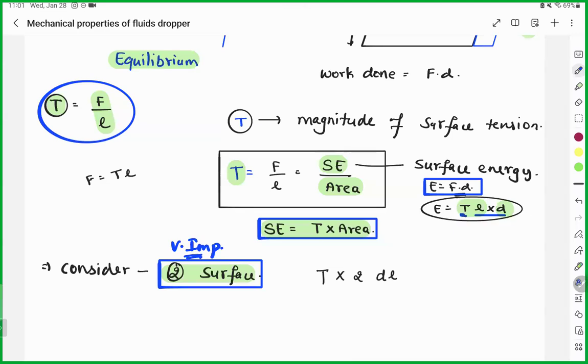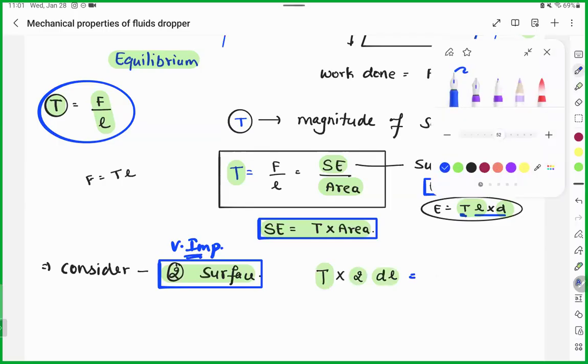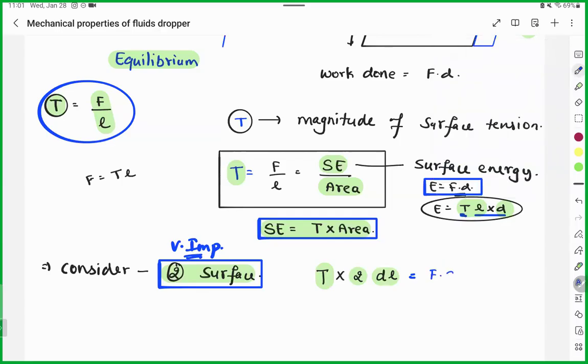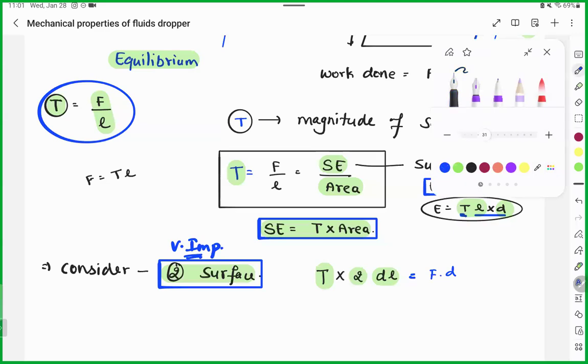If you are considering two surfaces in this situation, what will be your surface energy? Surface tension multiplied by the area, and you are considering two surfaces. That's why multiply with 2. Correct? What is normal energy? Force into displacement. So what will happen?